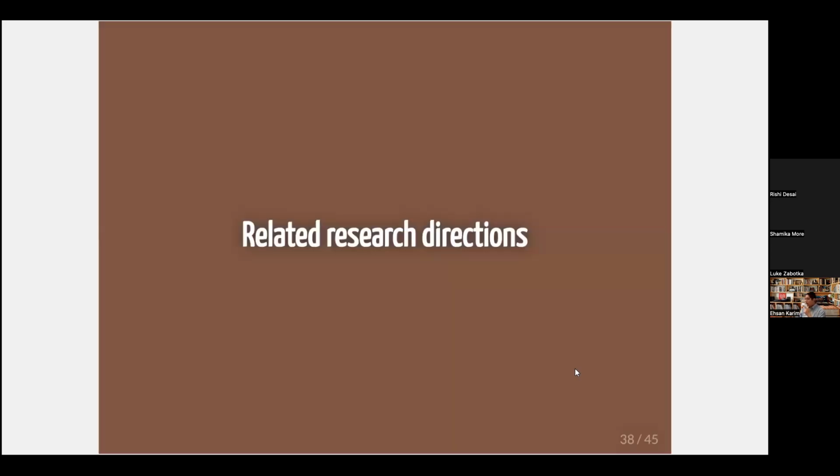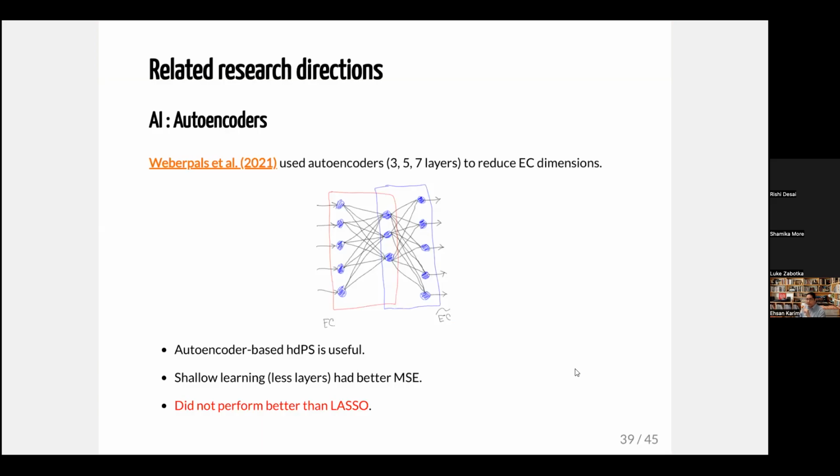Okay. I know that I'm almost out of time. I just want to spend a couple of minutes to talk about some of the research directions and some of the papers that came out at the same time as our paper, because that paper came out almost 4 years ago.